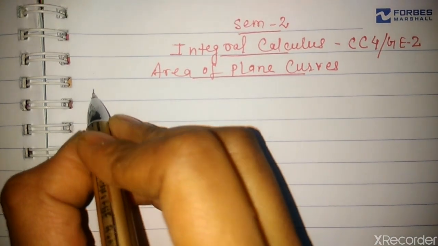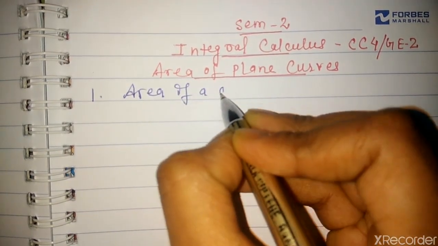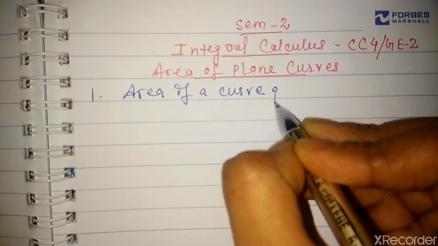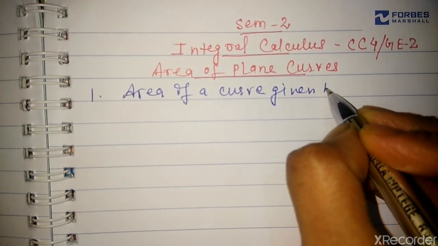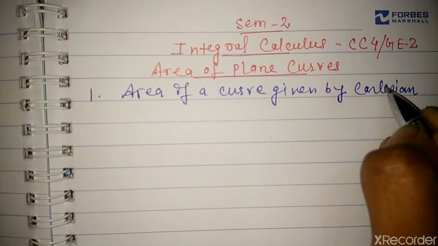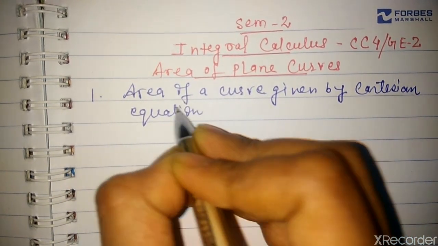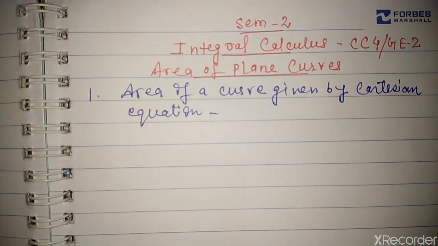Number one is area of a curve given by Cartesian equation. So what is Cartesian equation?